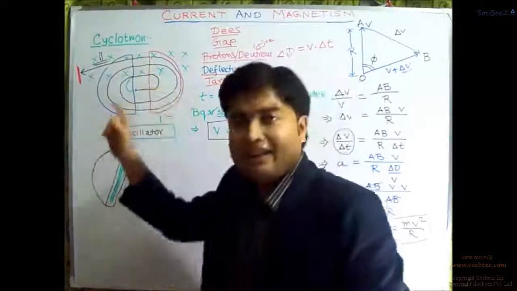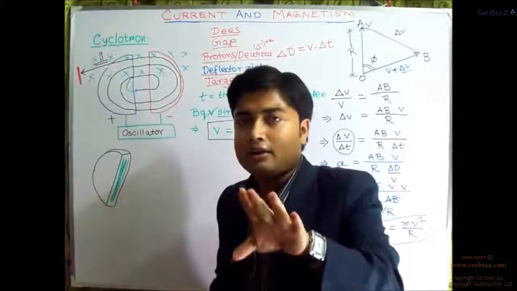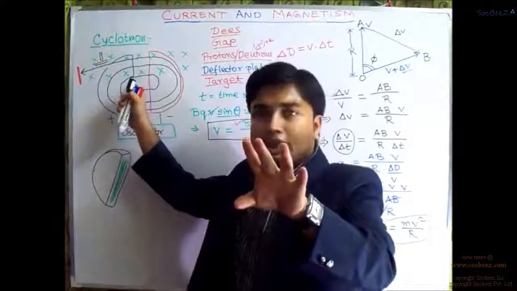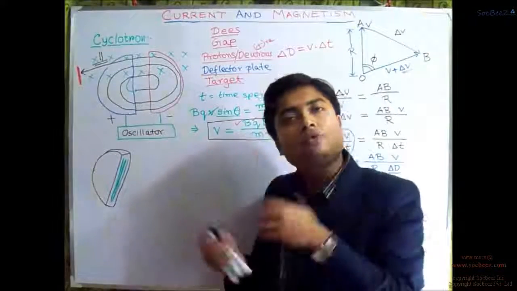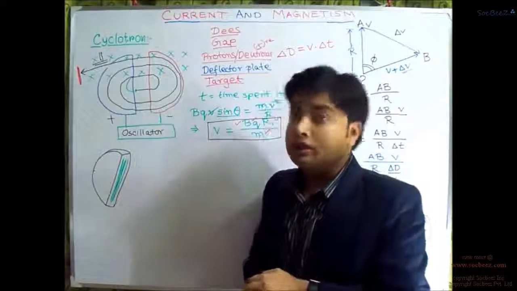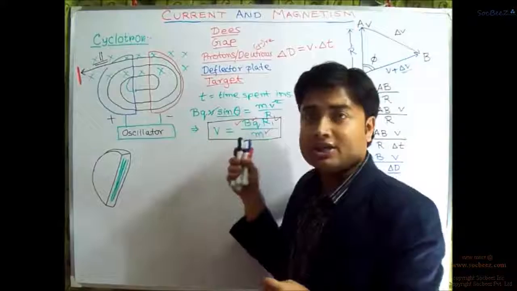So it will be attracted, which means the velocity will increase. Now wait. If the velocity increases over here, how could we say that the velocity will remain constant? Then obviously something has to change out of this.